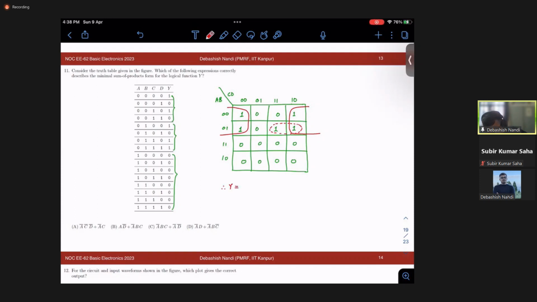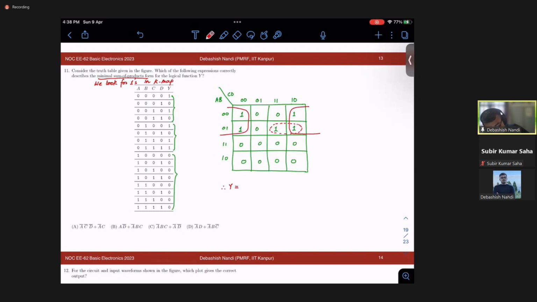So your Y would be again minimal sum of product. We look for ones in K map. Okay. If we needed to find out product of sum, we would have looked for zeros. Then the answer would be Y bar equal to those product of sum and that inverted.